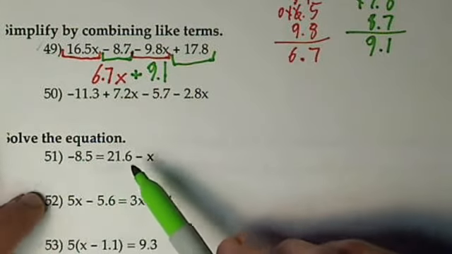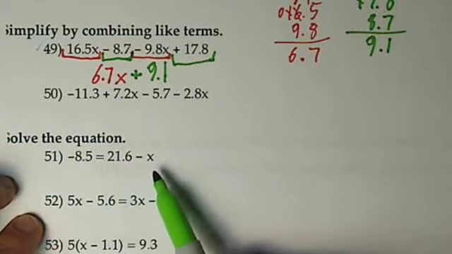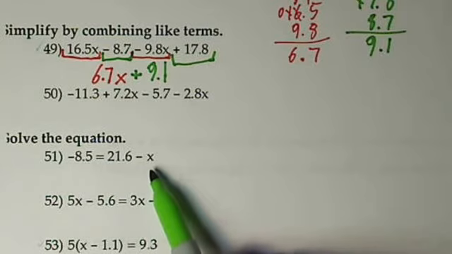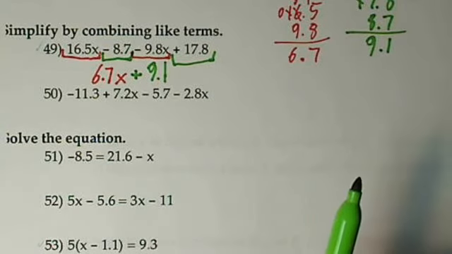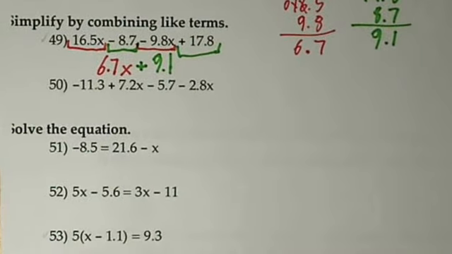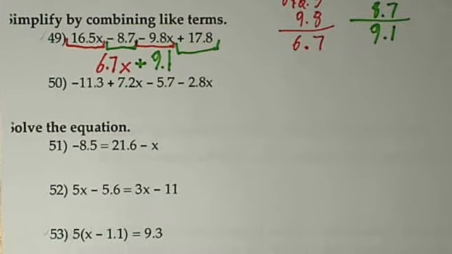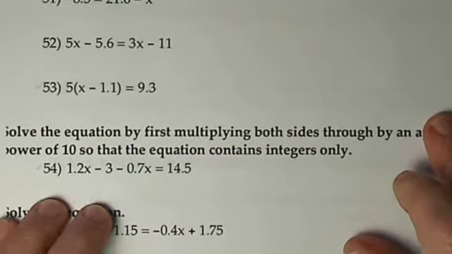Down here, 51, 52, 53, etc., there is an equal sign. So I can solve for x. All I have to do is figure out how to get x all by itself, and then I solve for x. If x is all by itself, whatever's sitting on the other side of the equal sign, that's what x is. All right, so we're going to do number 53 here.